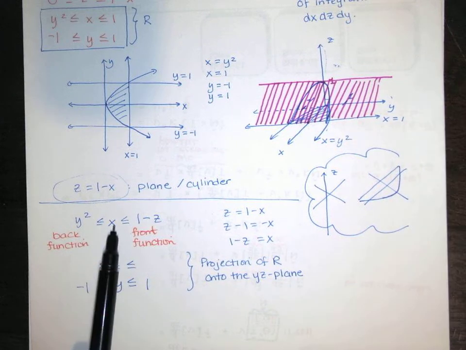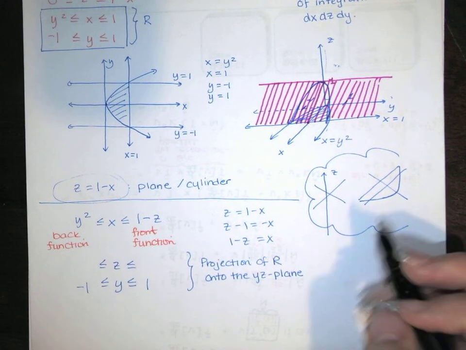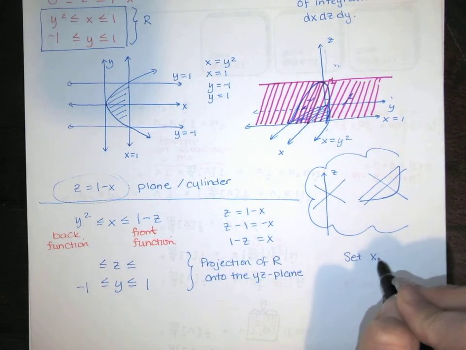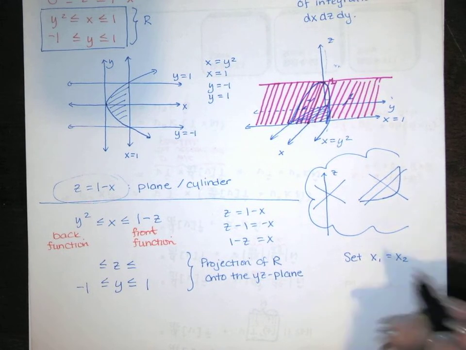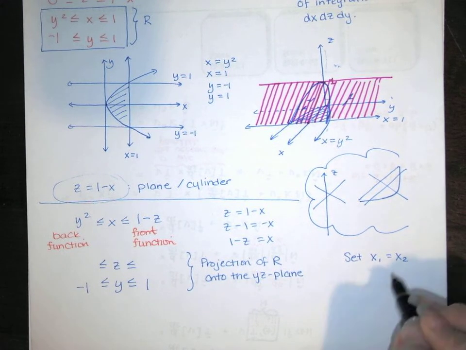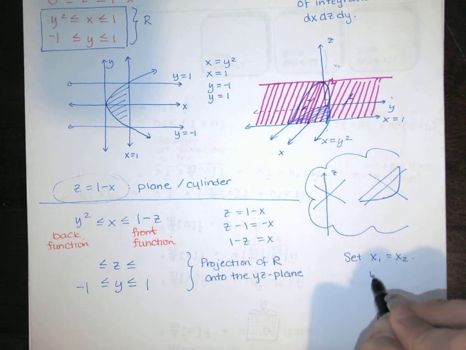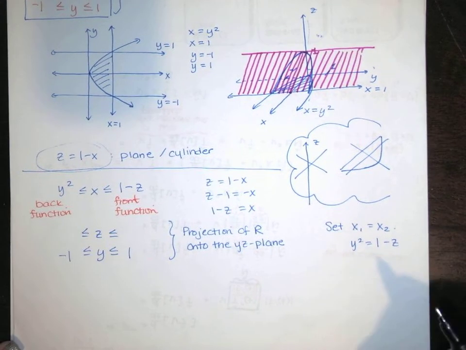So I have to set this x value equal to this x value. Just like we did with the z's, we often set the z's equal to each other and then looked for that curve, that boundary. We're going to do the same thing here. We're going to set the x's equal to each other and then look for a boundary.